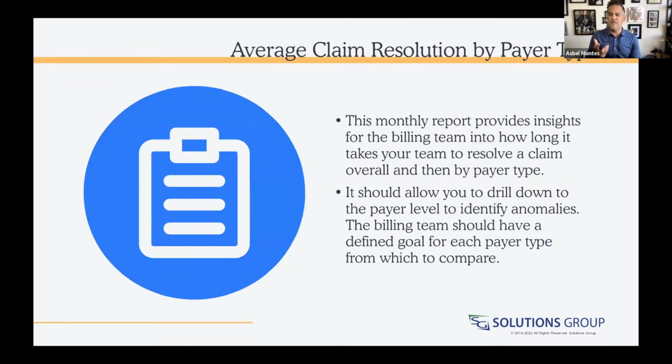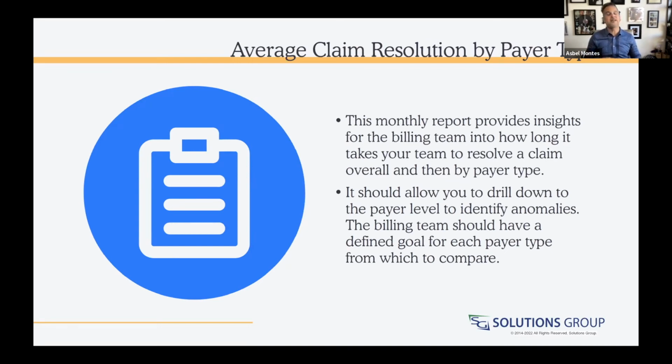The other thing that they should be looking at is the average time it takes to resolve a claim by payer. This is similar to the DSO report in that it looks at claims resolution. It's a very similar process, but you can drill it down to the payer level, down to the actual different payer as well.